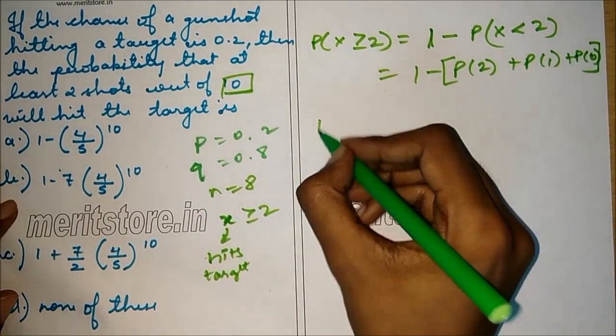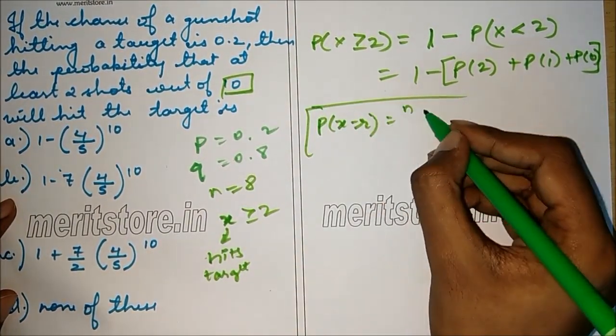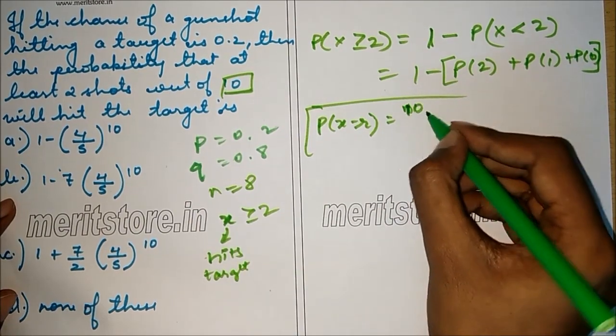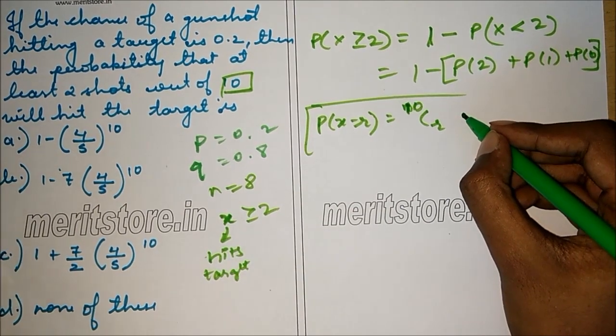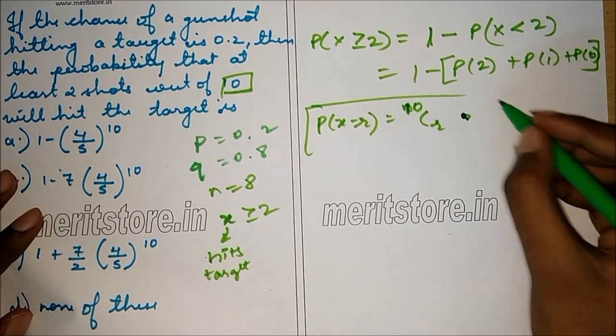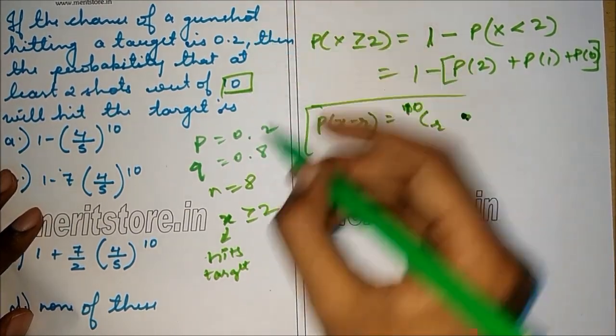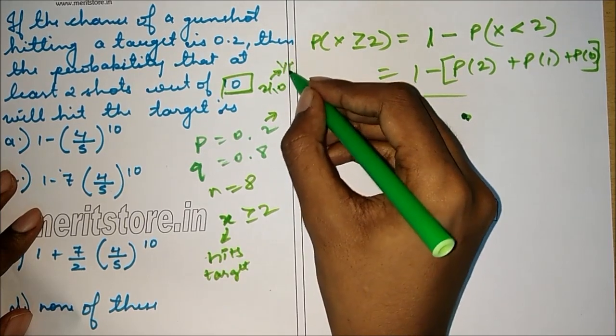So the general form P of X equals r will be nCr, that is 10Cr, times p to the r. p is 0.2, so 0.2 is 2 by 10, which is also 1 by 5.